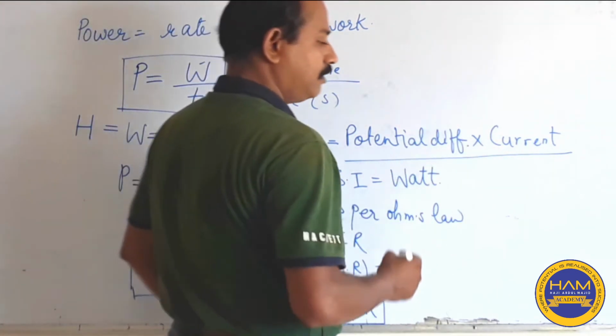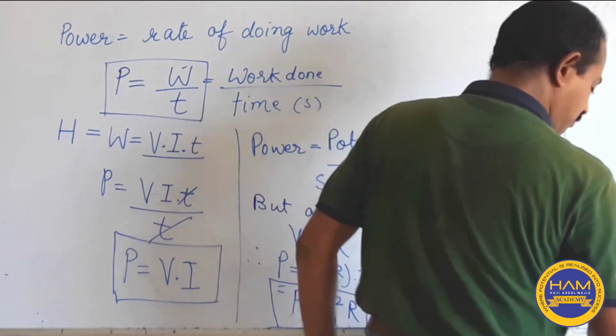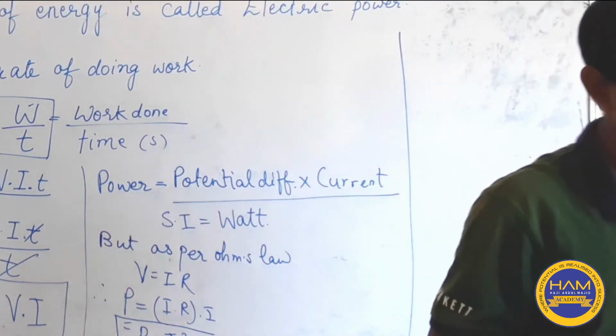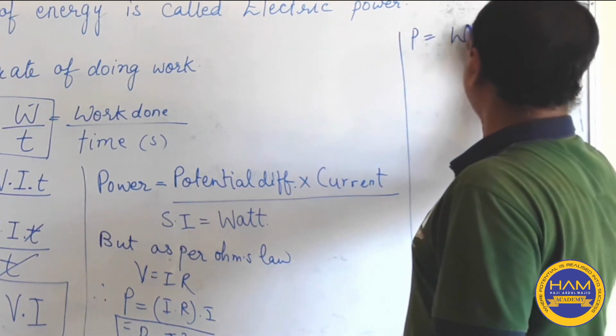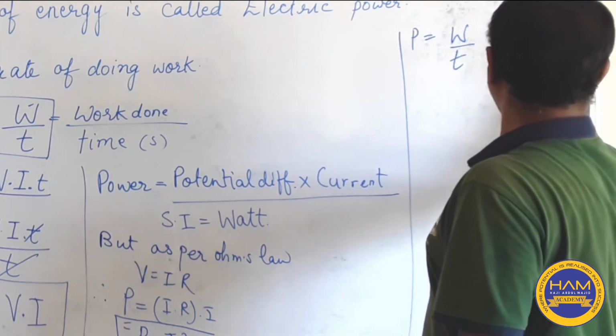So in the end we can see how many types of equations we have for electric power. First of all, P is equal to W by T. This is one equation.